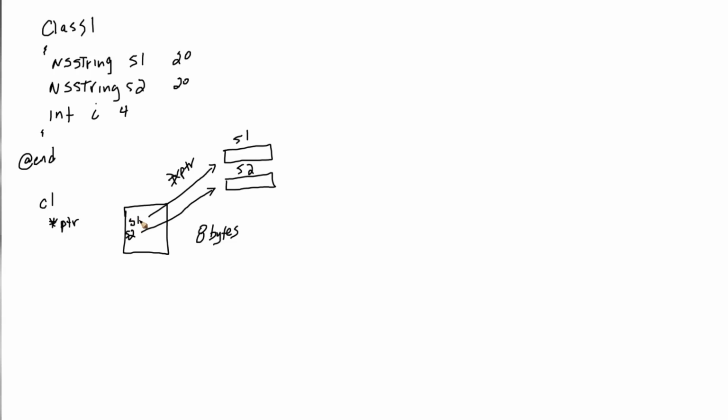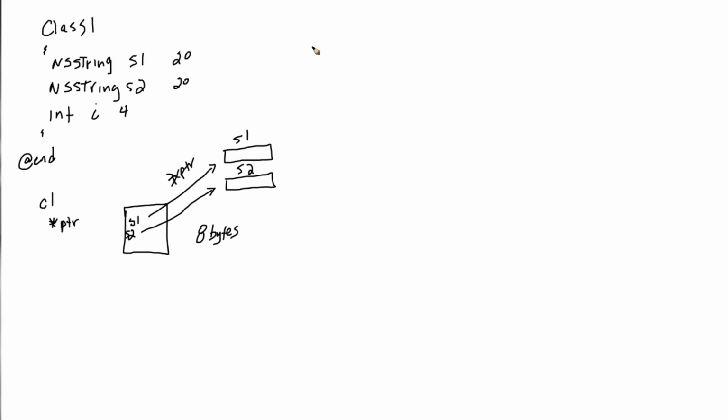These variables still have to exist somewhere in memory. So we still have the memory location. It's just that the instance of the class isn't having to pass that around or deal with it. Whenever it needs to get to S1, it looks up the address to S1, goes out on the heap and finds S1.